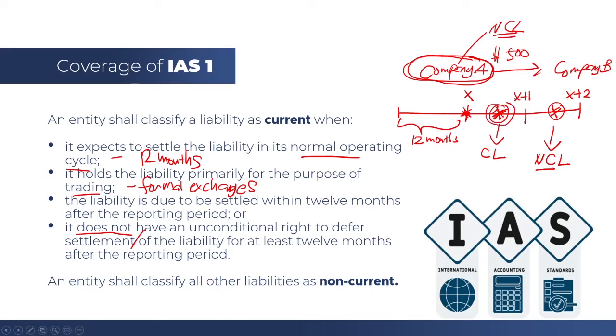So you have to check the specific provisions of the loan contract before you give any conclusions of whether it is a current or non-current liability. The discretion should be with the company that has the liability.